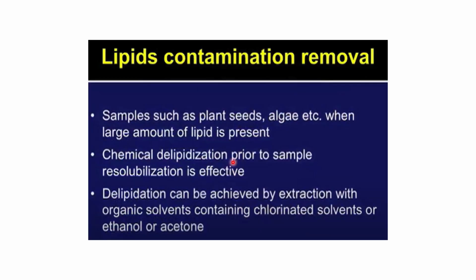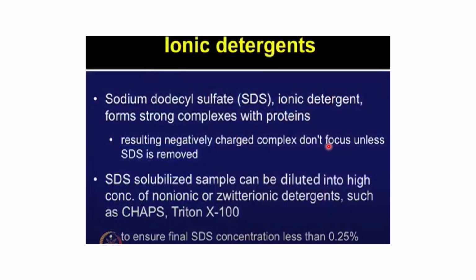You can also do chemical delipidization prior to resolubilization. This can be achieved by extraction with organic solvents containing chlorinated solvents or ethanol or acetone. That will also help you to remove lipids from the protein sample. Then adding detergents can give a negative charge to the protein and help separate them. That's how proteins can get separated out from the other contaminants.